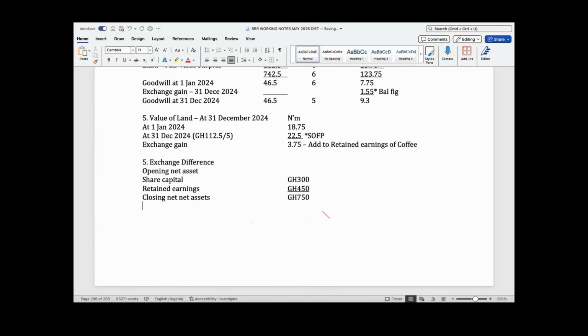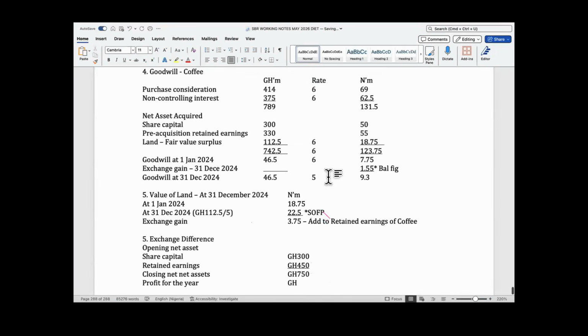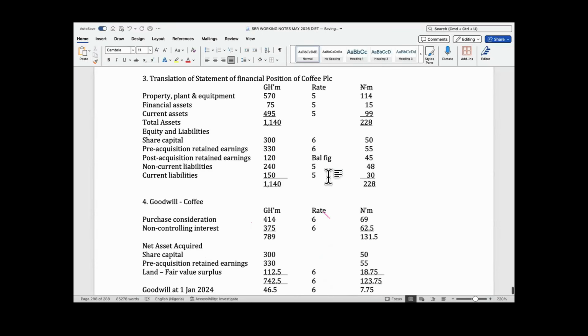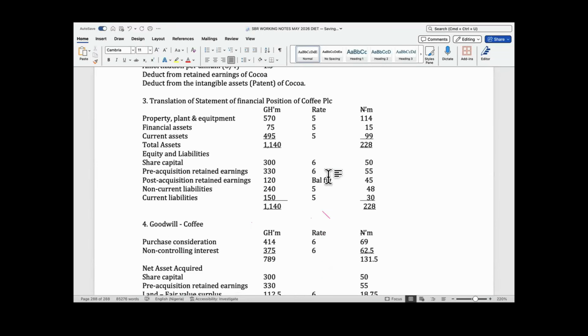If I want to get the opening back, I just need to remove the profit for the year. Profit for the year is quite straightforward because I acquired it at the beginning of the year. So he had only made a profit of this post, which is what he made this current year alone, because this pre is at the beginning of the year.